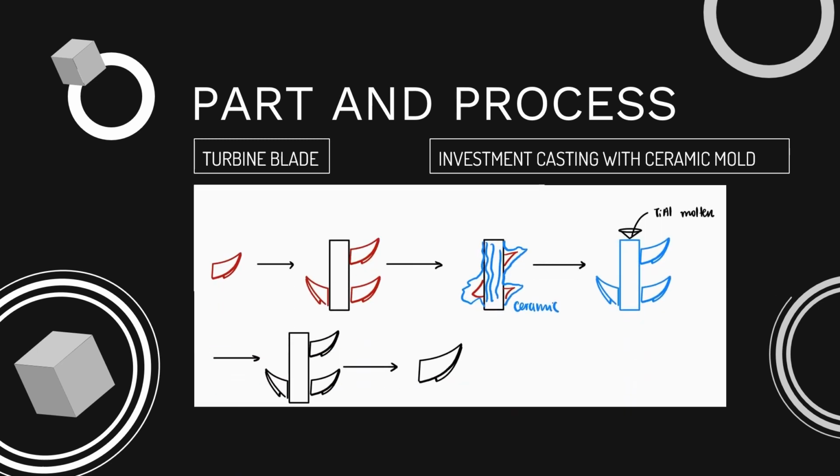So now here there is an image. This is the turbine blade. It's not a very good drawing, but the first thing is to have a wax pattern that will be attached to a tree. Now we include here the molten ceramic, to perform the mold. And once the mold is done, which is drawn here in blue, we will introduce the titanium aluminide, which is molten.